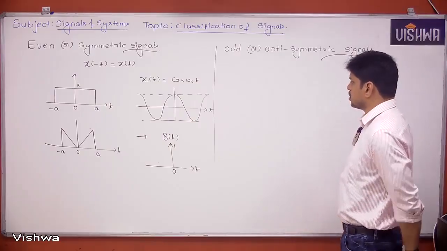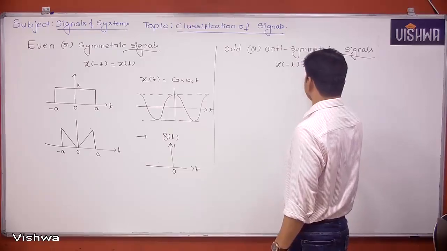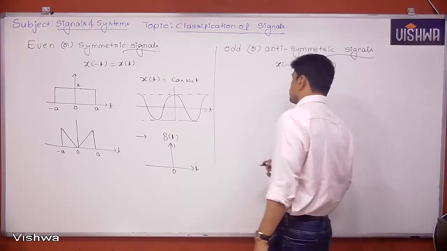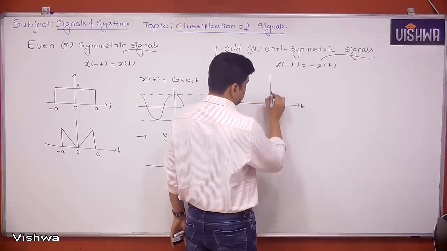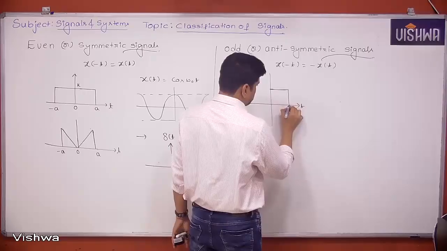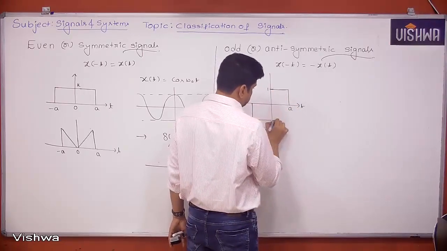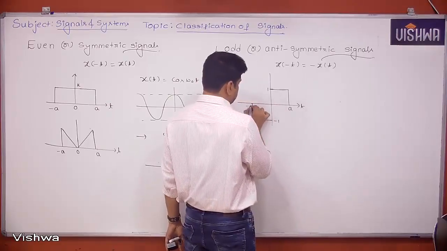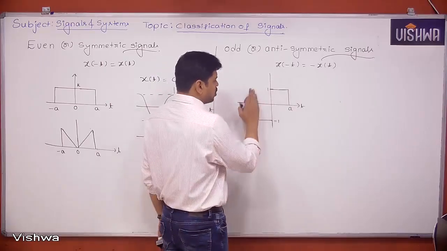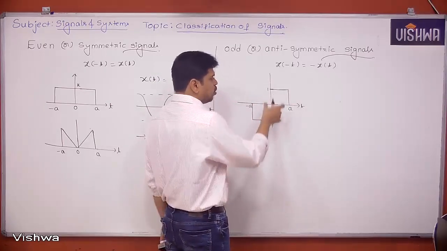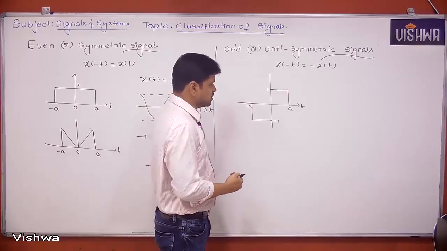Anti-symmetric signals. From the definition, we know that x of minus t has to be minus x of t. Suppose I take an example like this. Is it an odd signal? Of course. If you fold it, you get the negative. Whatever there is for the positive values of time is the same for the negative values of time, but the only change is the sign change.